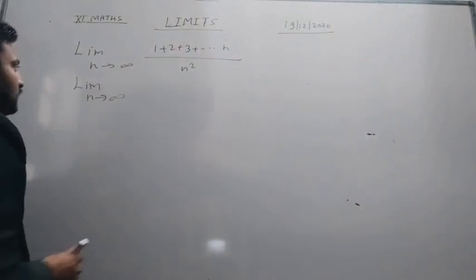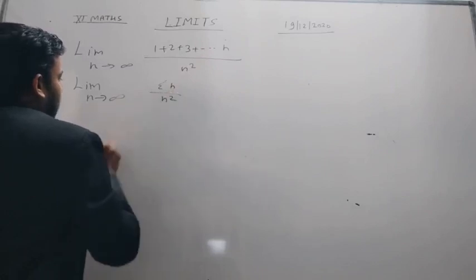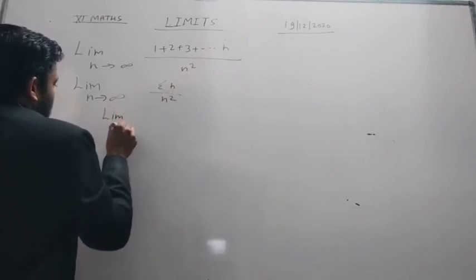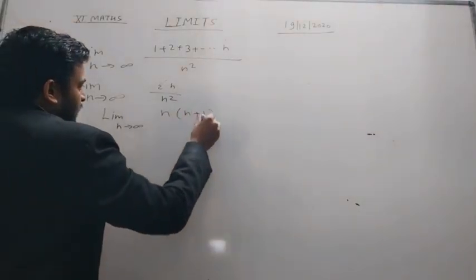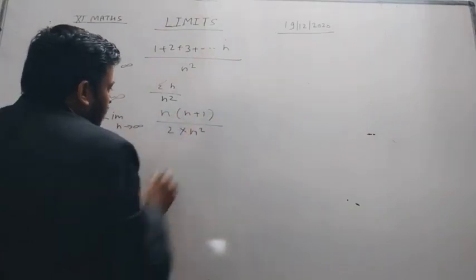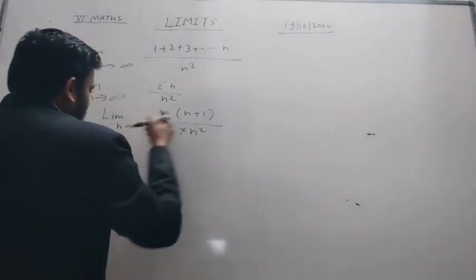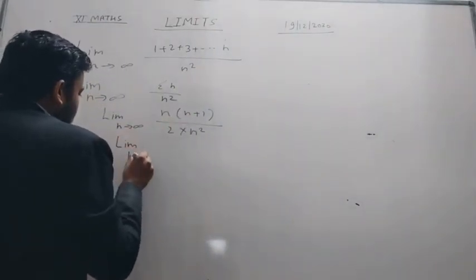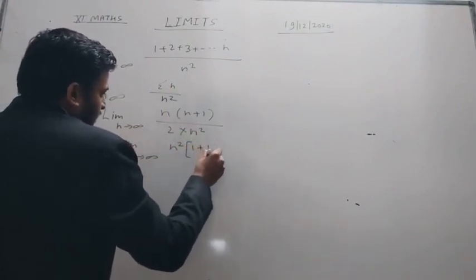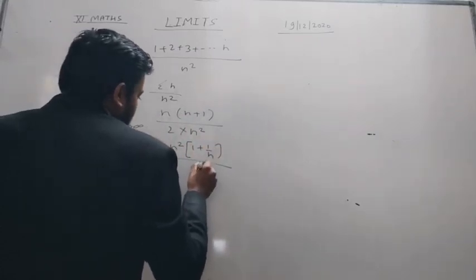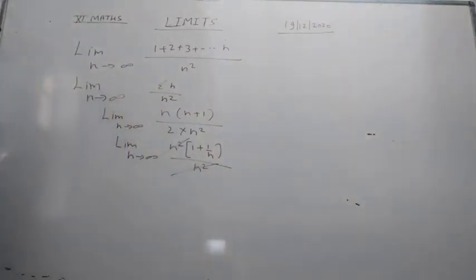We know this is summation n, so we can write this term. Limit n tends to infinity, and summation n we know is n into n plus 1 by 2, and this is over n square. Taking n outside, it will change in n square, 1 plus 1 by n, by n square. So n square and n square will reduce from here, students.